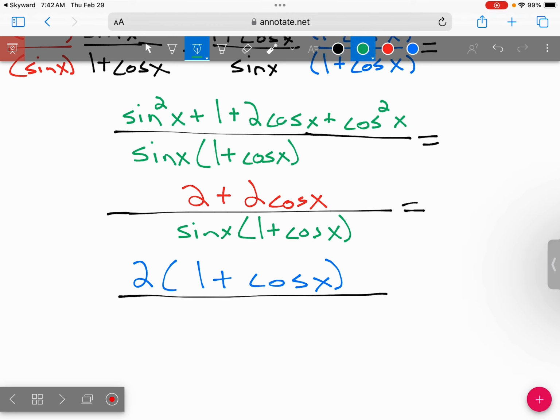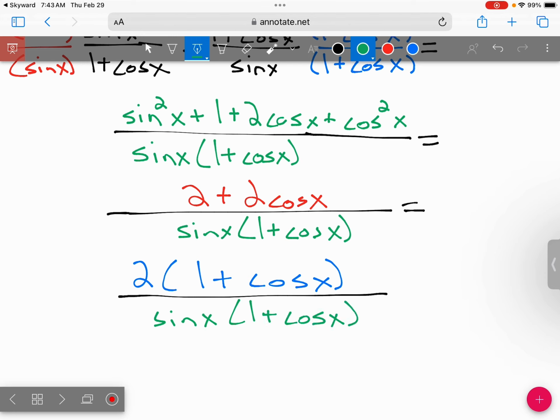The pattern of these problems: when you find a common denominator to add fractions, leave that common denominator factored. Don't just, like here, leave it as sine x times 1 plus cosine x. Because a lot of times, something like this is going to happen.